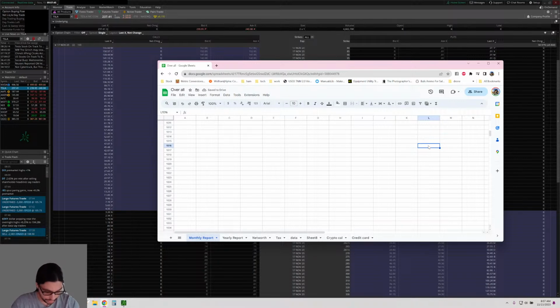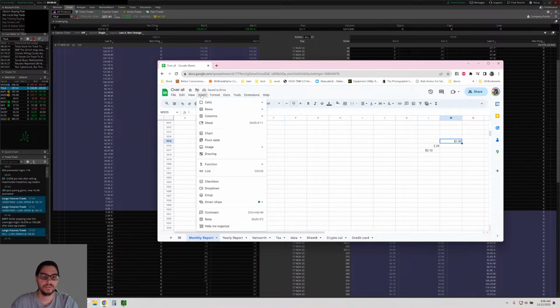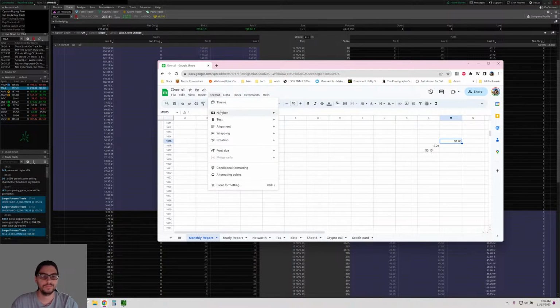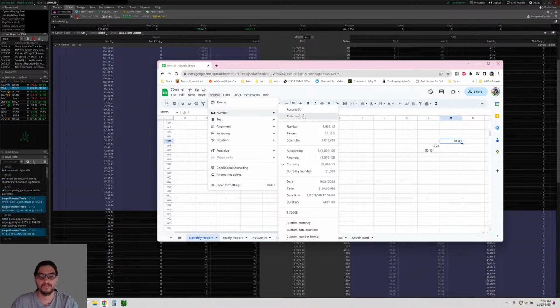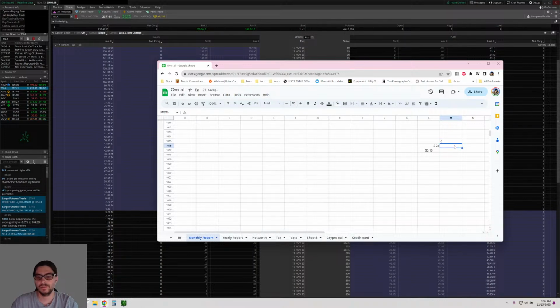We're going to put in the amount that I would have paid for the option, which is 2.24. Then right here the price that it's selling for. Up here, we're going to put the units. So that's going to be number plain, so 1.